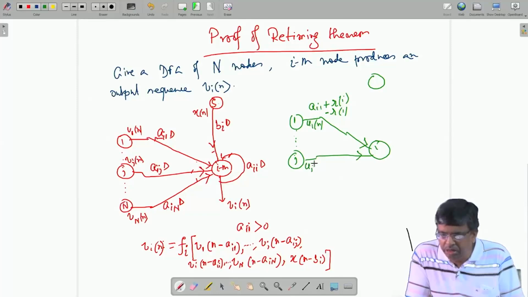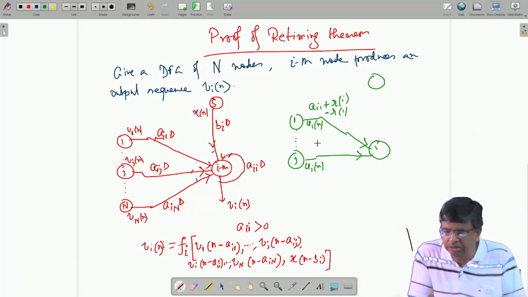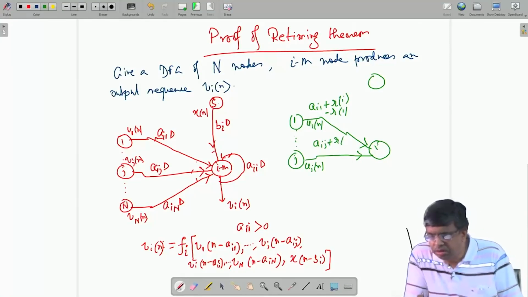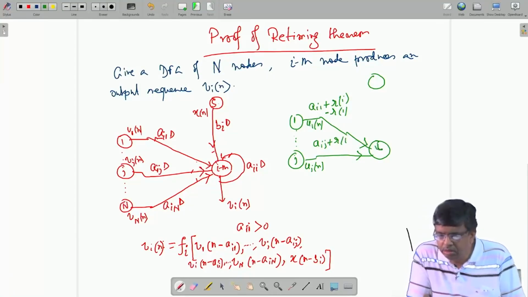So, it will be generating UIN. The delay is the original Aij plus R of i, this is the ith, minus R of j.